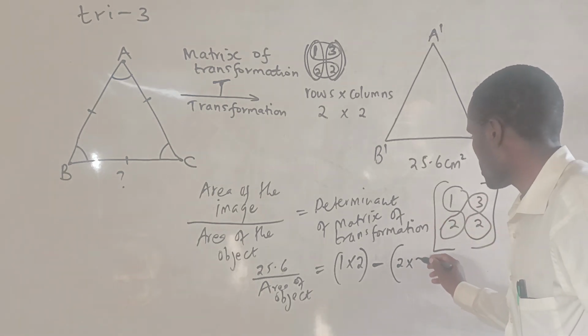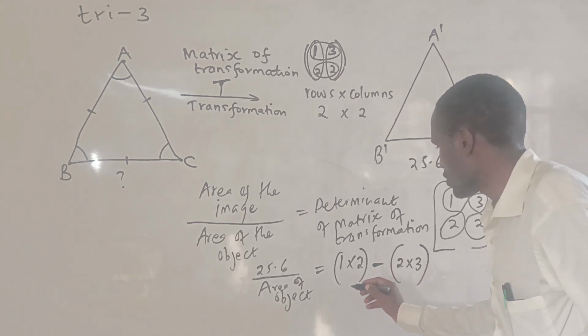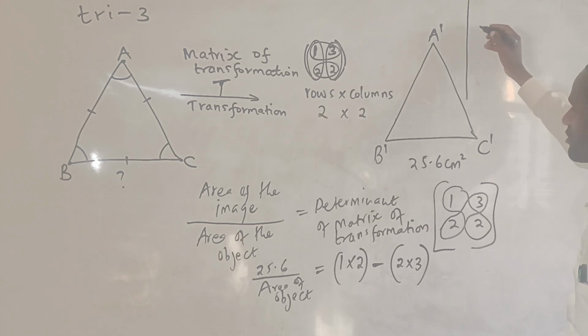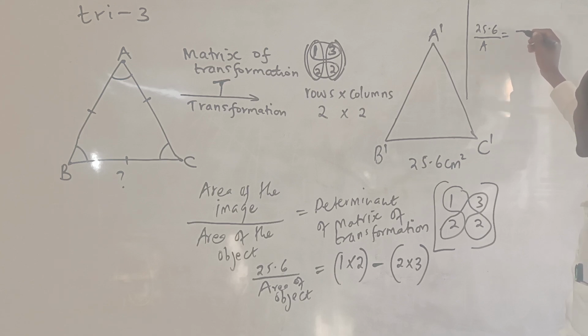So we have 1 times 2, the product of the elements in the main diagonal, less 2 times 3, the product of the elements in the secondary diagonal. That translates into 25.6 over the area of the object being equal to -4.